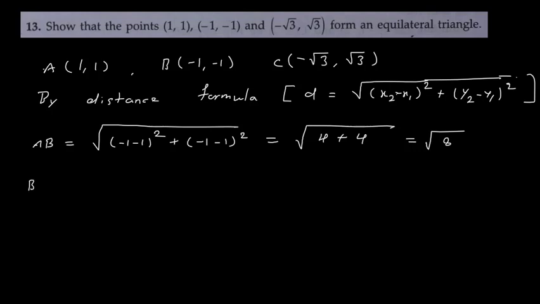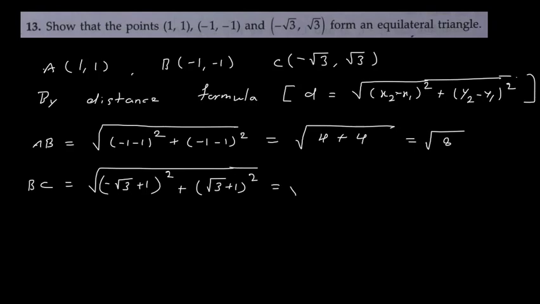Now similarly, let us solve BC. So BC: it is (-root 3 + 1) whole square plus (root 3 + 1) whole square. So I have to apply (a + b) the whole square.